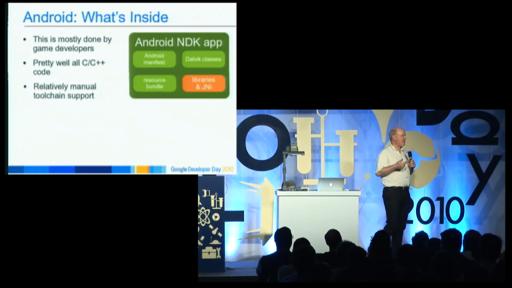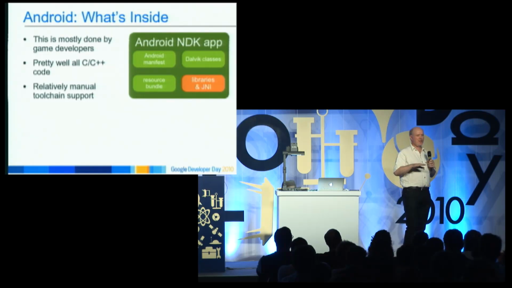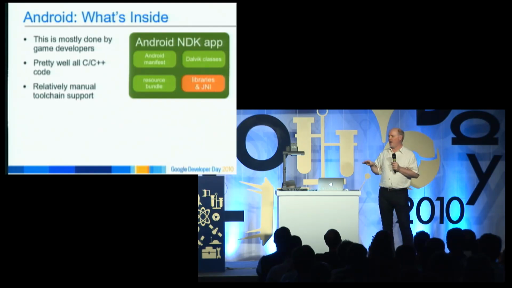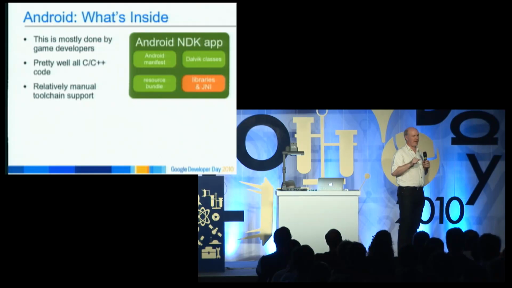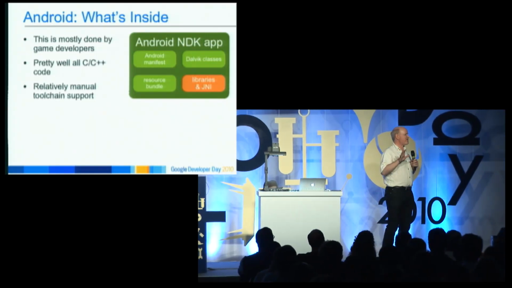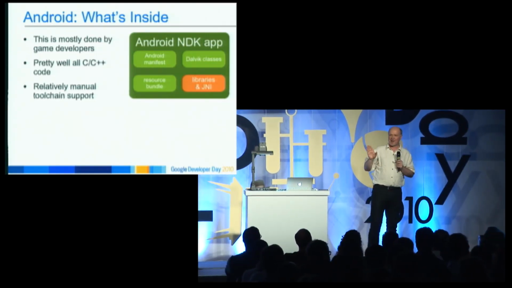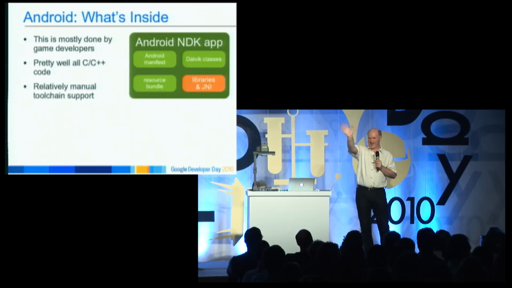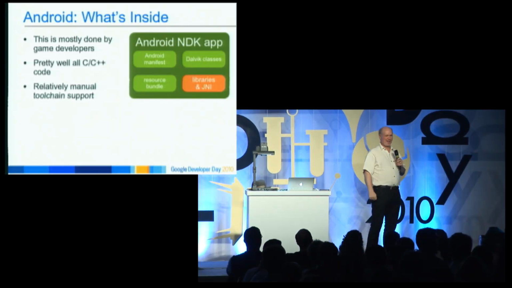Now, from our point of view in the Android group, we're not 100% convinced that you really need to use C to write a game. There are some quite high-performance games on Android that run 100% on Dalvik. They were written in Java and work just fine. But a lot of game designers don't even want to hear you talk about that. As soon as you say Java, they go, I can't do that.